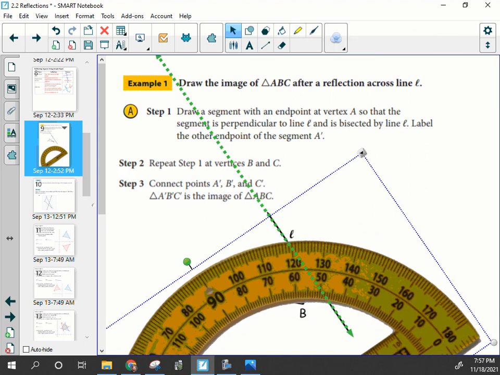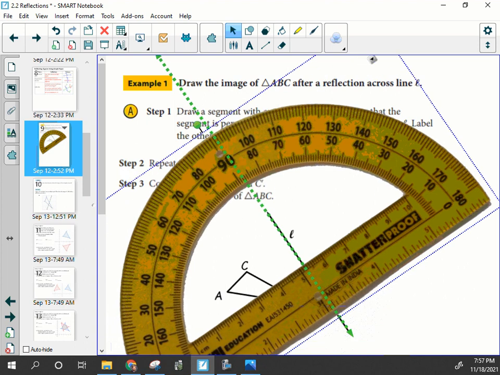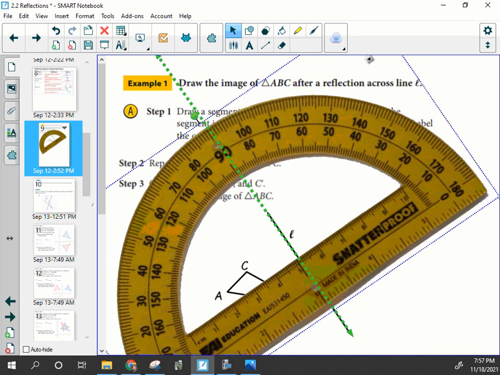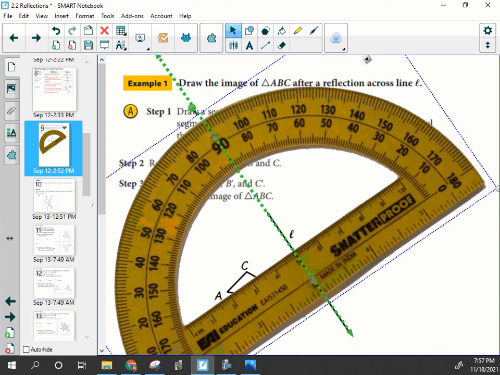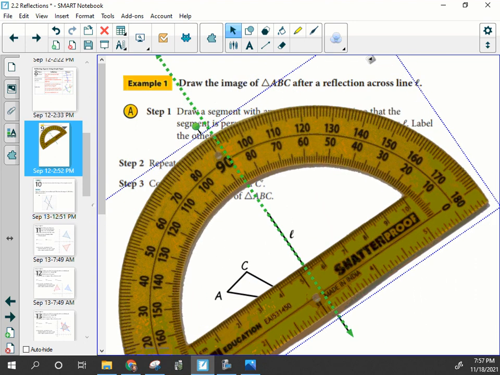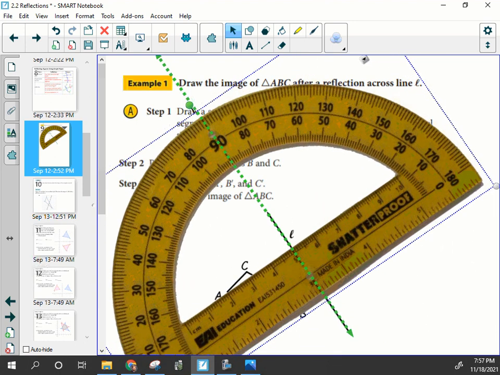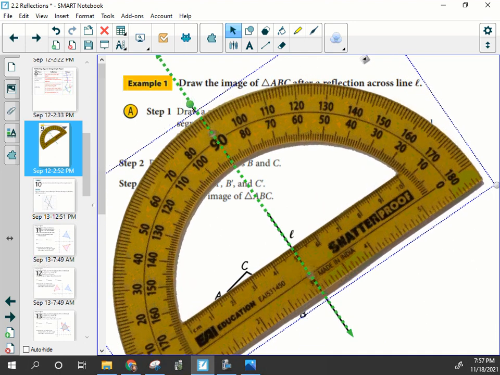And I have a protractor here. I got a picture of it, copied it out. I'm going to place my protractor, so what you will notice is that the edge of my protractor is perpendicular to line L. It's asked for vertex A, so I'm going to go to point A, and I'm going to measure how far point A is from the line.